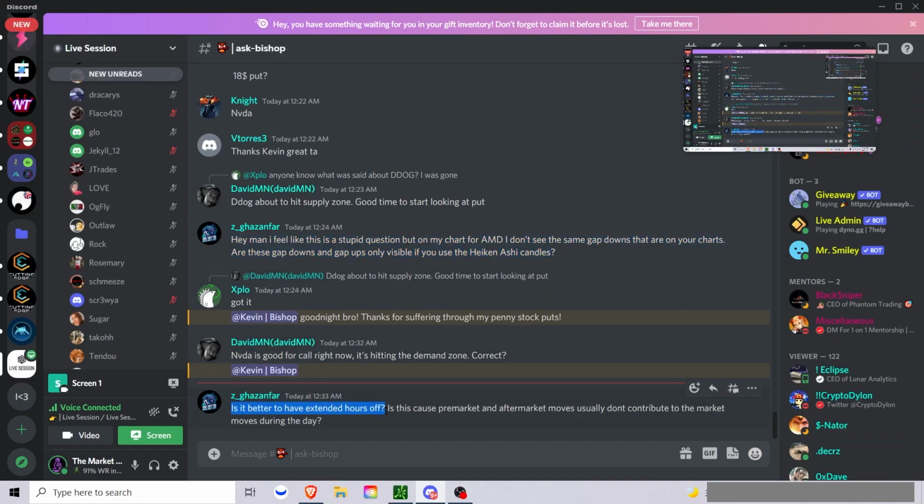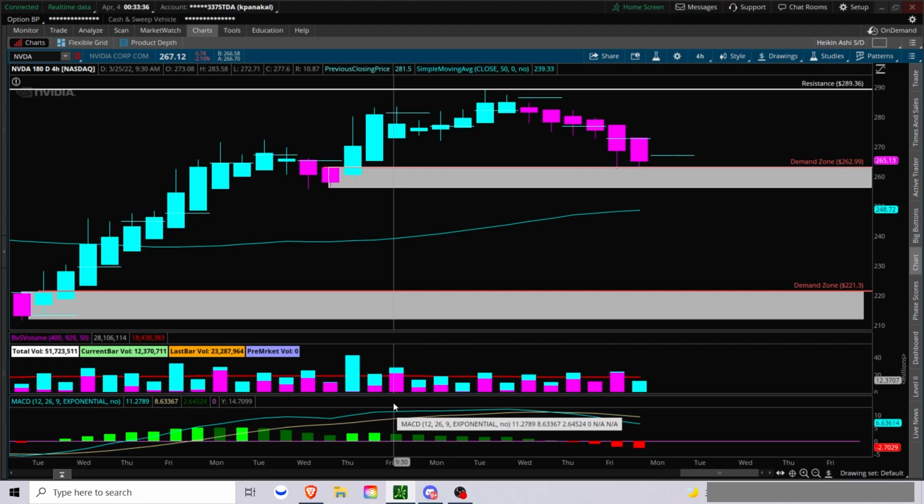Is it better to have extended hours off? This is because pre-market moves usually don't contribute to the market moves during the day. It's personally better to have extended market hours off because only sometimes you can make support and resistances off of big movements in the pre-market and the aftermarket, but otherwise it's really just noise, and it takes up so much space on your chart.